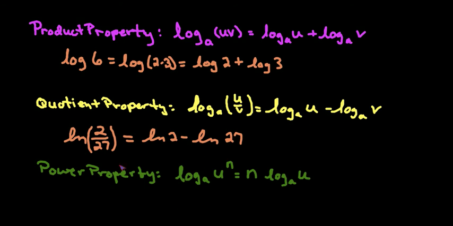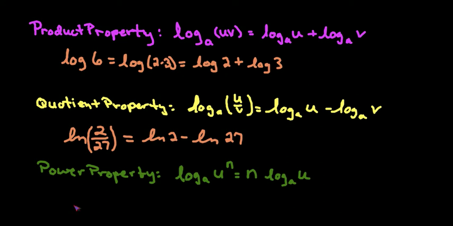Now, one of these other properties, our power property, is actually one that would have helped us out with some of our earlier properties if some of the numbers worked out the way we needed them to. So let's take a look at one that looks like this.